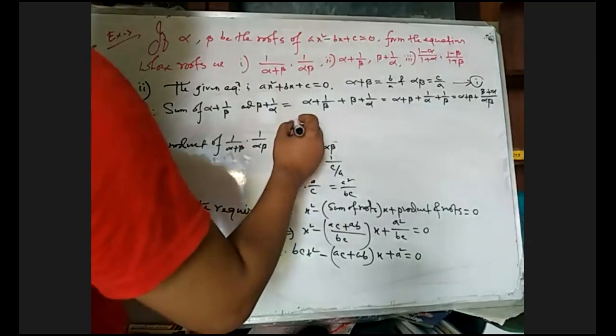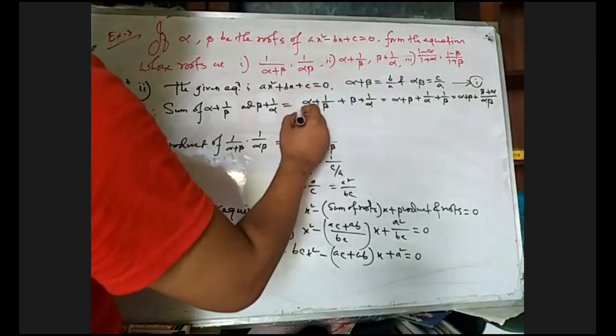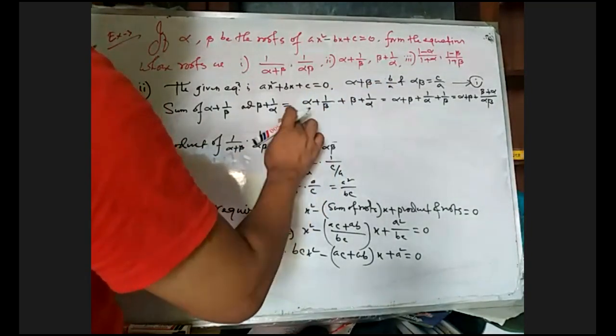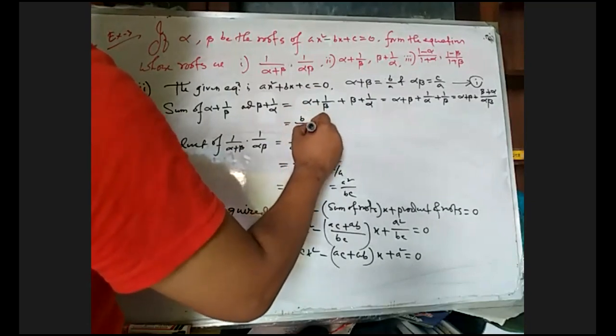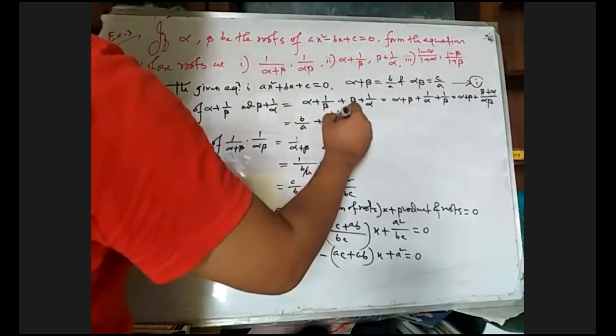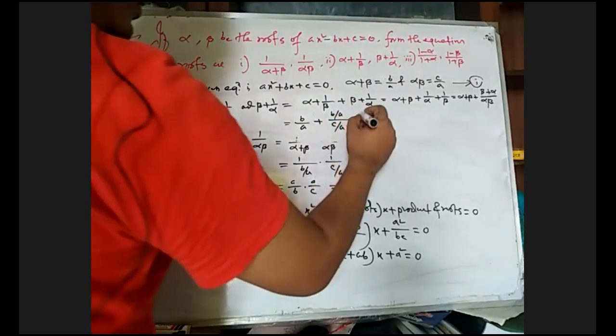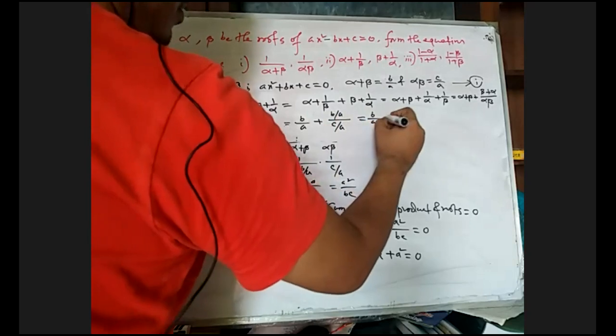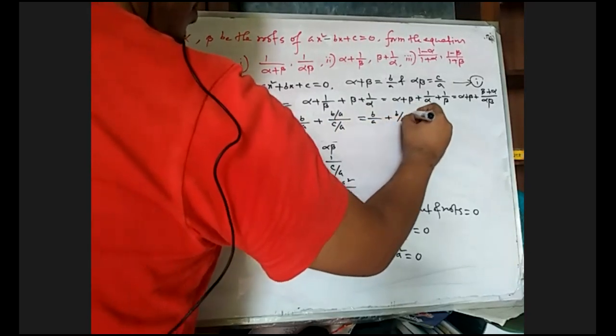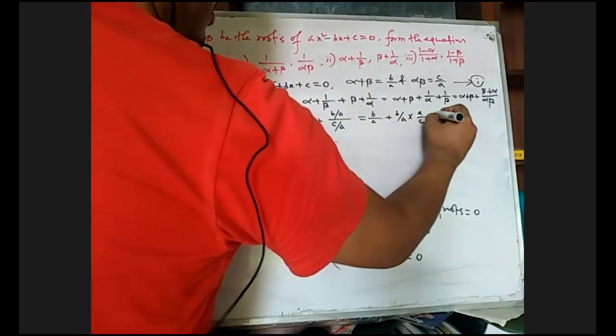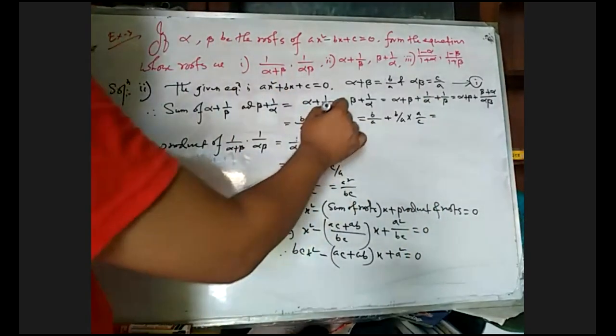Now putting alpha plus beta equals to minus, sorry, only b by a, b by a plus b by a divided by c by a. Multiply a by c, because this is a fraction.